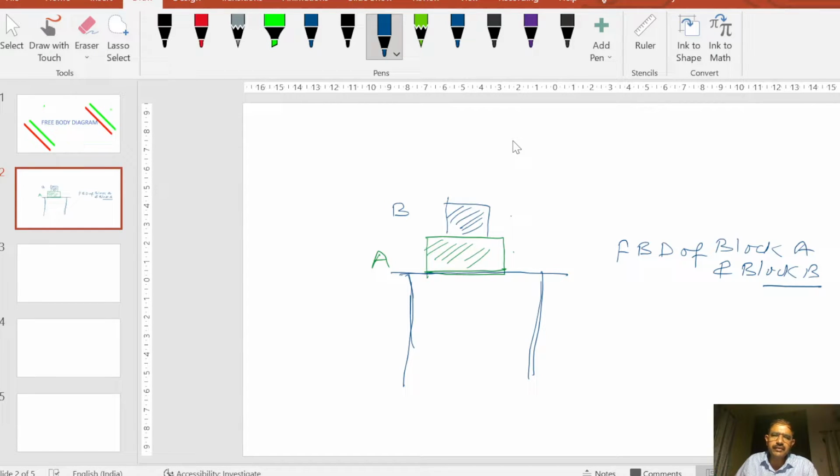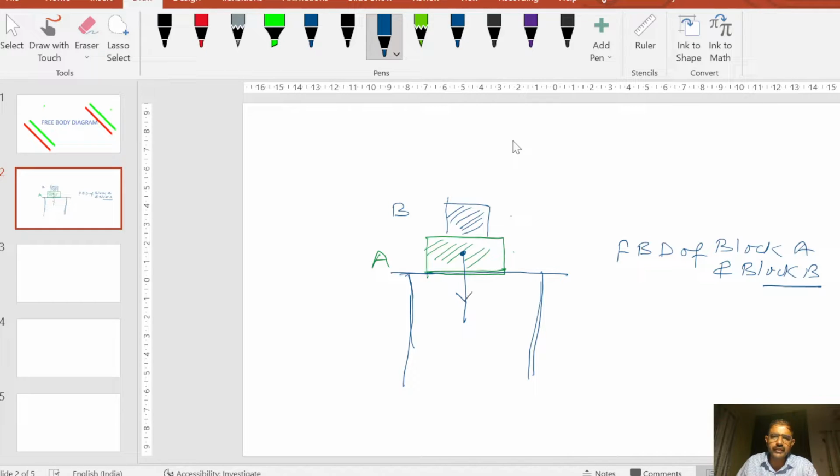So for that we will consider what are the forces acting on A. We are not going to consider the forces which are acting on B. So what are the forces acting on A? The first force is the force which earth provides on this block.